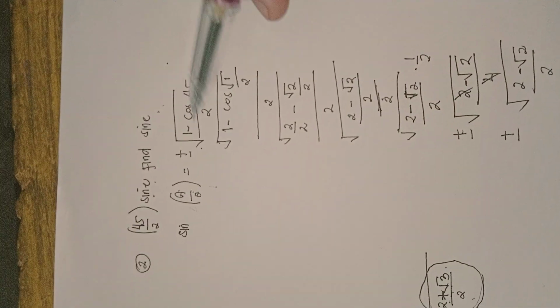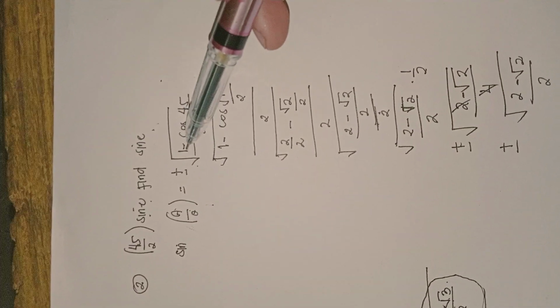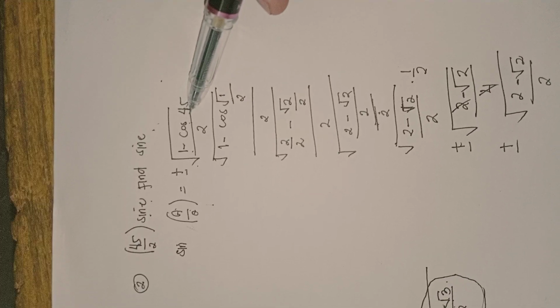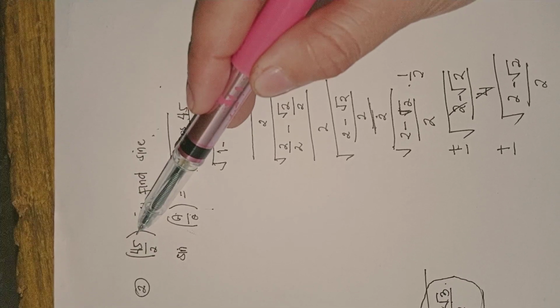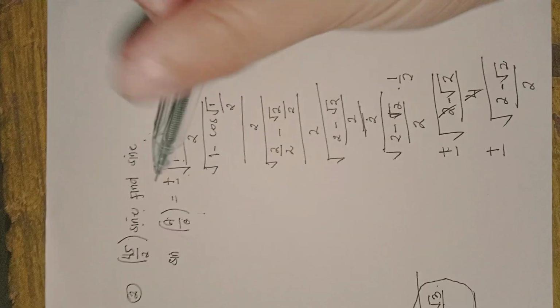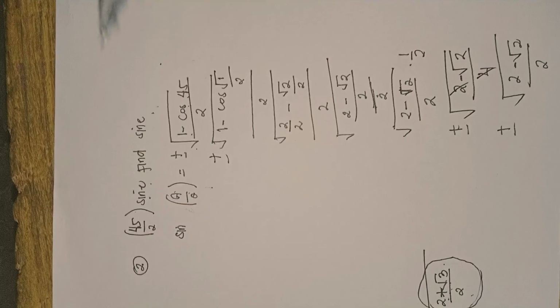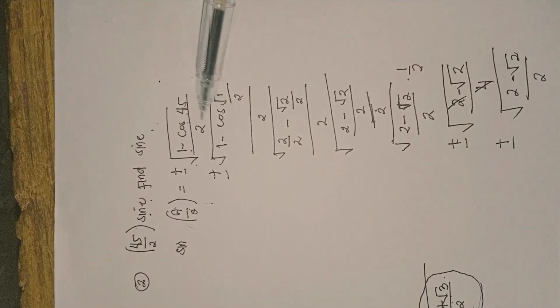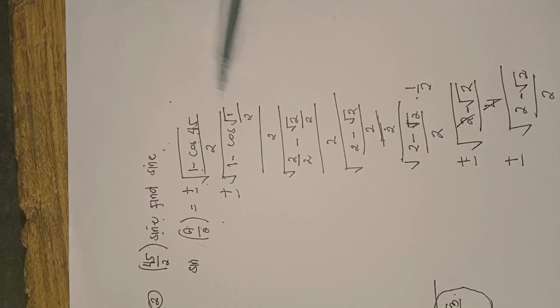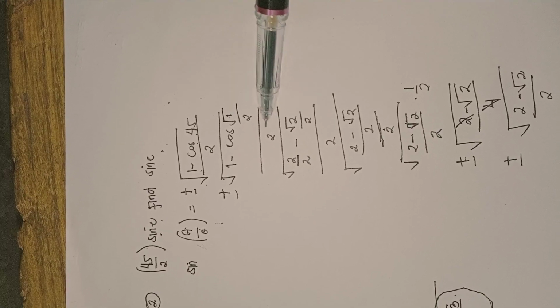So, we have the square root of positive 1 minus cosine. The value of A is 45 here over 2. So, we have positive negative square root of 1 minus cosine. The cosine of 45, that will be square root of 2 over 2, all over 2.